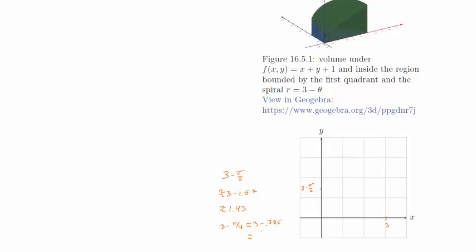And so that's about 2.215. So we do a radius of 2.2 out here. So a radius of 2 would be right in here. 2.2 is going to be about there. Alright, so that should hopefully be enough to get us going.